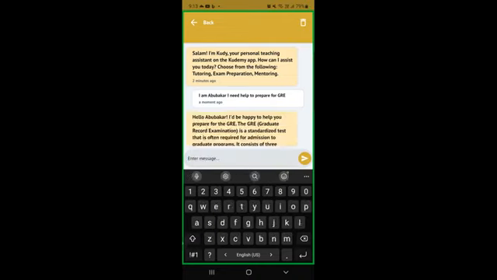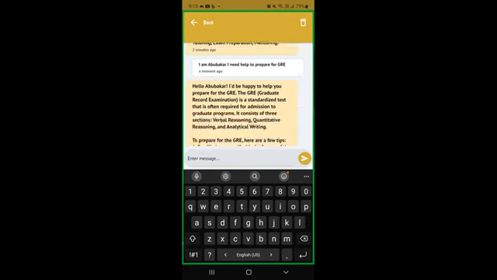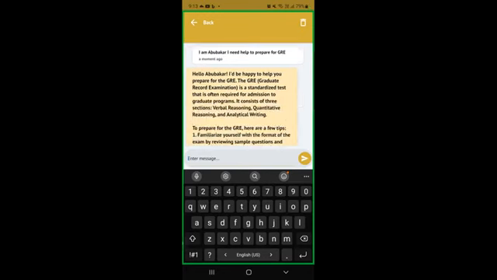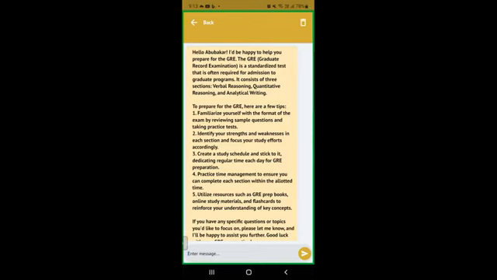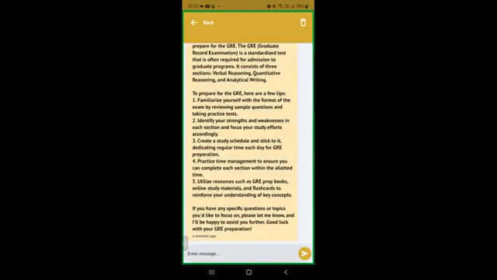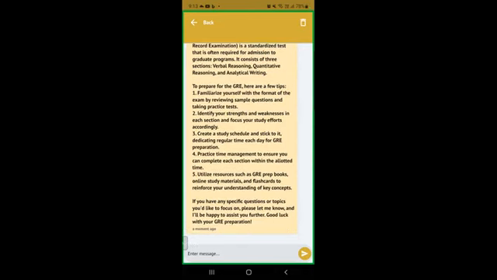So you can see it has given me a response. Hello, Abubakar. I will be happy to help you prepare for the GRE. The GRE, which is Graduate Record Exam, is a standardized test that is often required for admission to graduate programs. It has three sections: verbal reasoning, quantitative reasoning, and analytical writing.